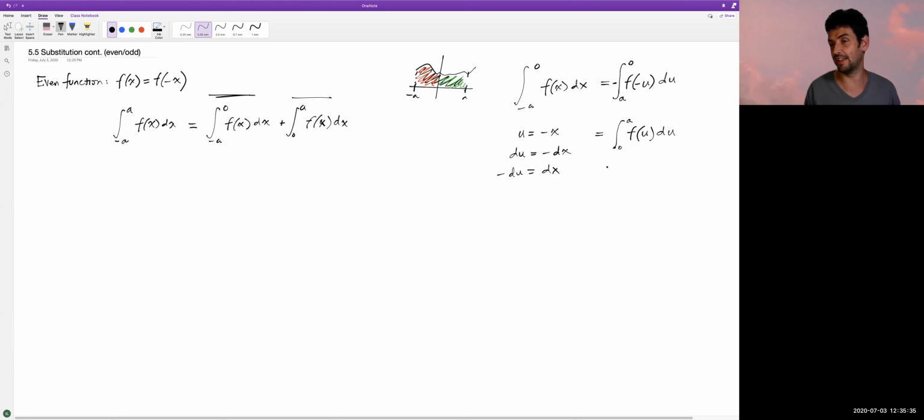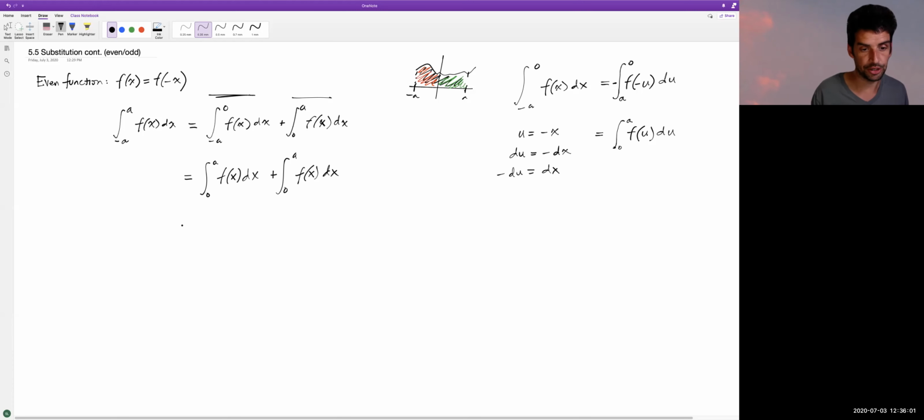This is exactly the same as the integral of f of x dx from 0 to a, because there's nothing special about u after this substitution. So what does that mean? It means I can rewrite this as the integral from 0 to a of f of x dx plus the integral from 0 to a of f of x dx, which is just 2 of this thing. I've got a thing and I add it to itself. It's 2 of that thing.